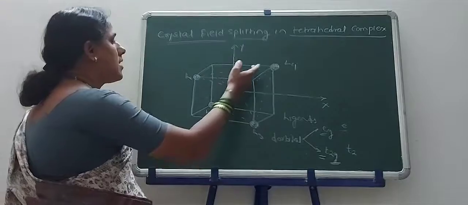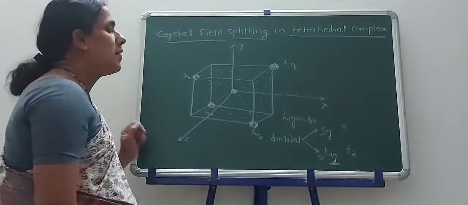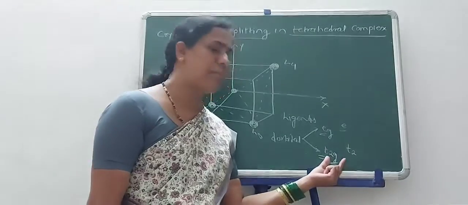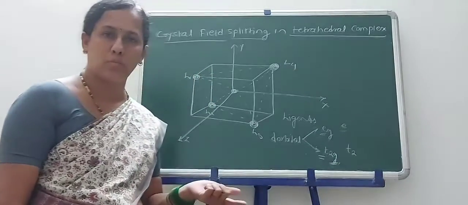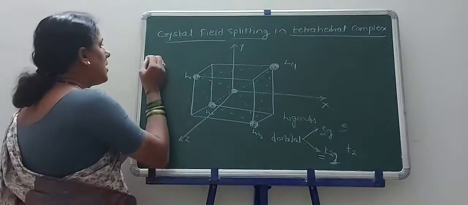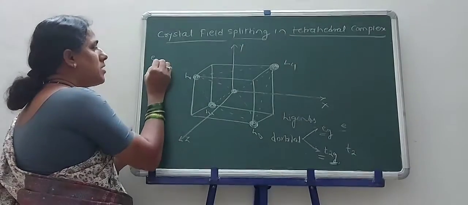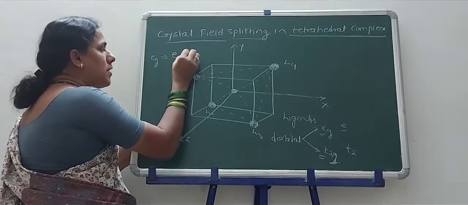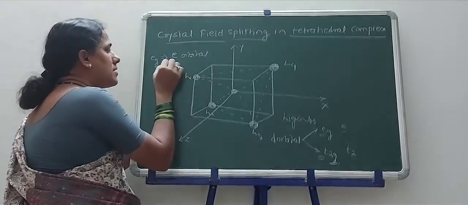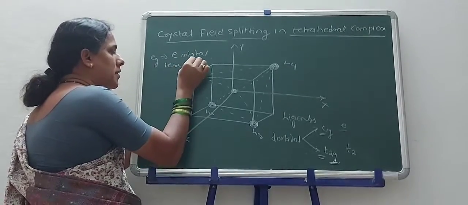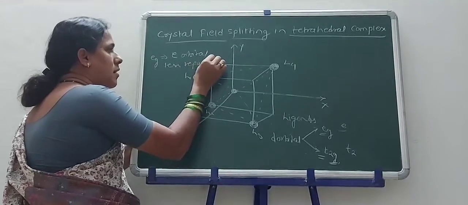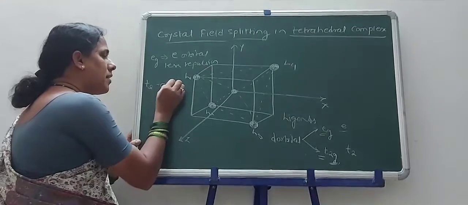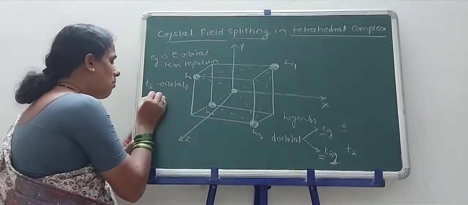As the ligands are located between the axes, which orbitals experience less repulsion and which experience more? In the case of tetrahedral, E orbitals experience less repulsion and T2 orbitals experience more repulsion.